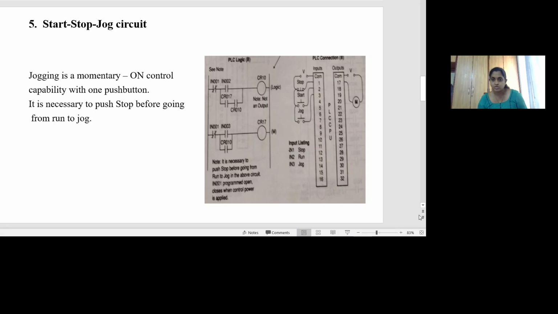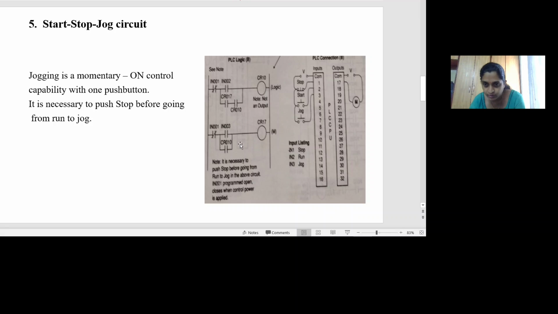Stop is operated only when I need to change from run to jog. For run to jog, I will be using the stop contact IN001. Then I have IN002, which will make the motor run.